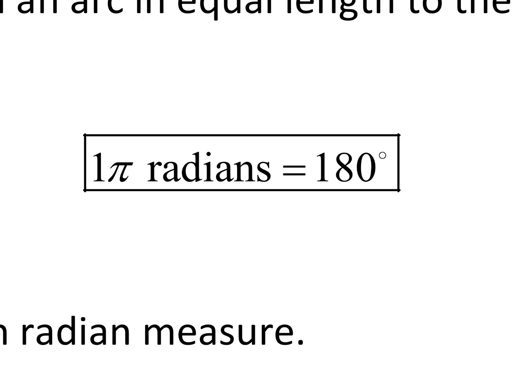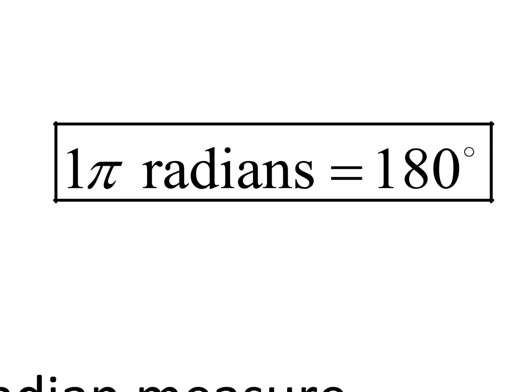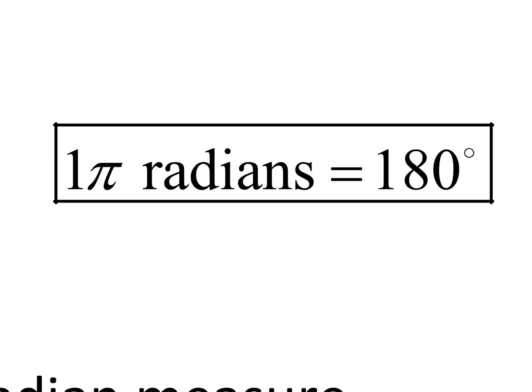We also know that 1 pi radians, so what's pi? Pi is 3.14. So 3.14159 radians is exactly 180 degrees on the nose.